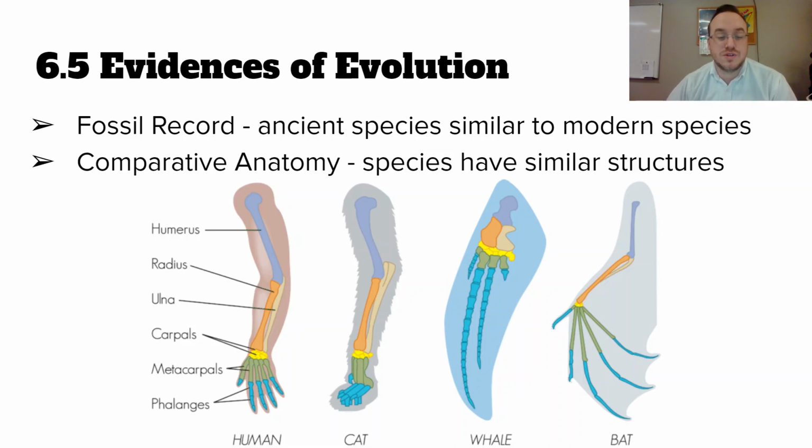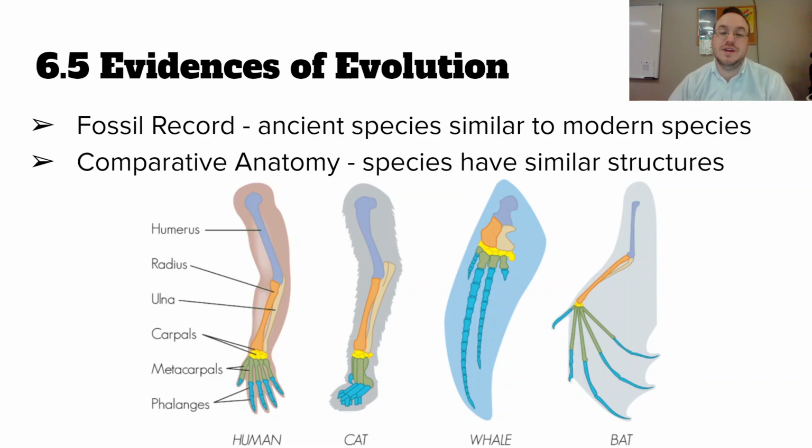Then we have carpals, those would be your wrist, and metacarpals, your fingers kind of on the inside of your hand, right? Like this part of your hand. And then phalanges or fingers here. Again, we have the same, not necessarily number, right? The whale has one less, but the other three organisms here all have 5 appendages here, right? And we can see that they've got a very, very similar layout, right?